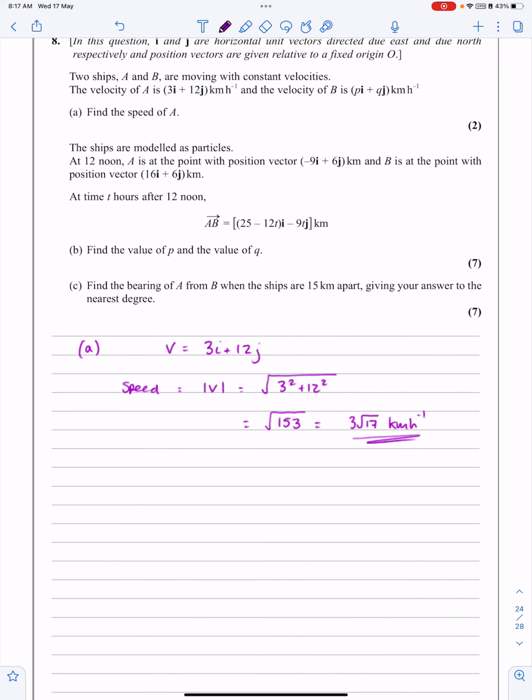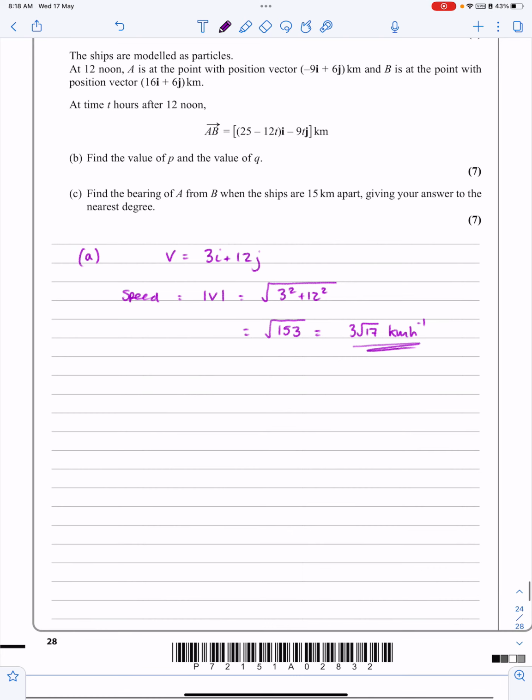Ships are modelled as particles. At 12 noon, A is at position minus 9i plus 6j. B is in a different place, 16i plus 6j, and then it goes on to ask me something else. Now, from my experience with vectors, and obviously this being the last question on the paper, if you've got a little bit of time, what I always do is draw a quick sketch, just to see what's going on here.